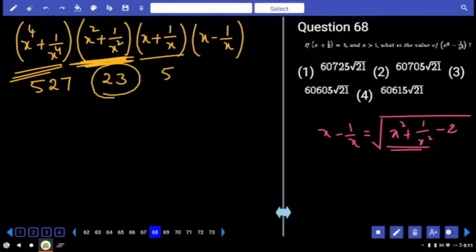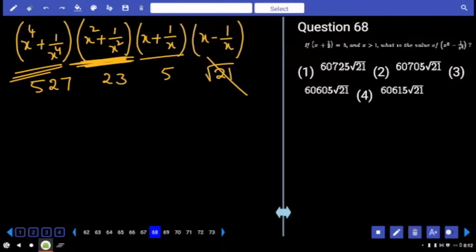How much is that? 23 minus 2, 21. So this value is root 21. Look at your options. Every option is having root 21 common. So forget about this. Are you fine? Right.